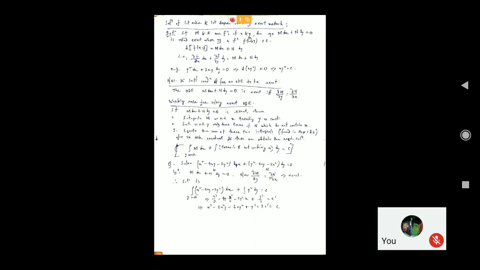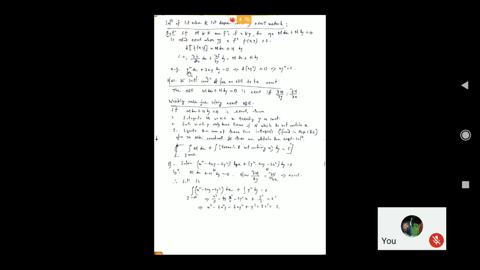You see, if M and N are functions of x and y, the equation M dx plus N dy is of this form. Here you have an expression, this is M, a function of x and y, M dx plus N dy. The equation M dx plus N dy equal to 0 is called exact when there exists a function f of x, y such that the total derivative of f equals M dx plus N dy.